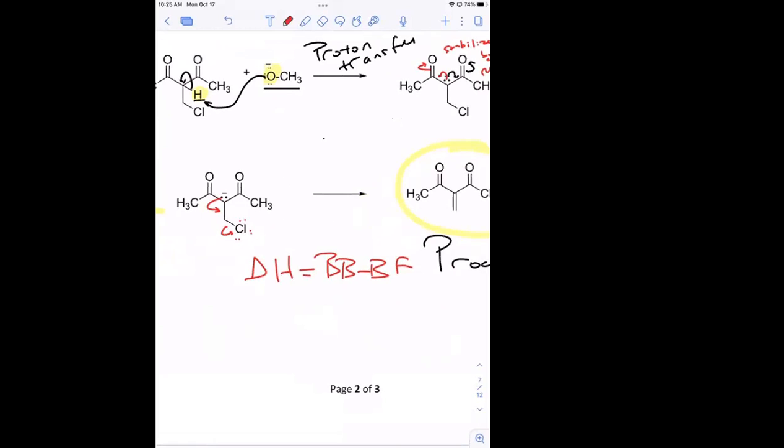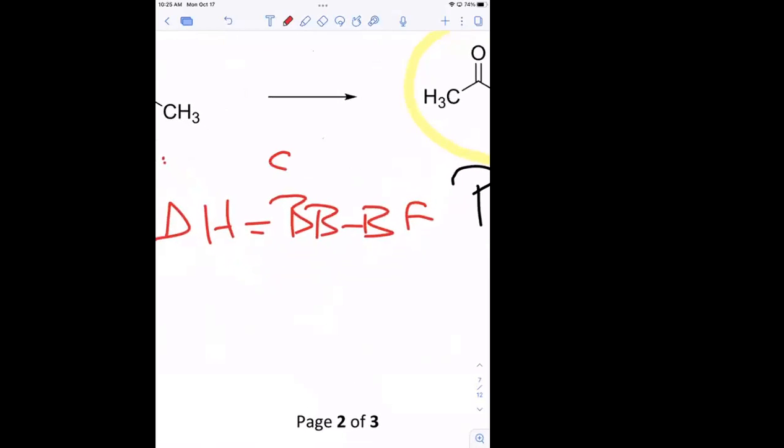There's a difference. If you look at the chart, pi bonds actually work more energy. So carbon-carbon pi bond being made is actually really good. You give off a lot of energy. So bonds broken, carbon chlorine. Bonds formed, carbon-carbon pi. What we got, Mike?